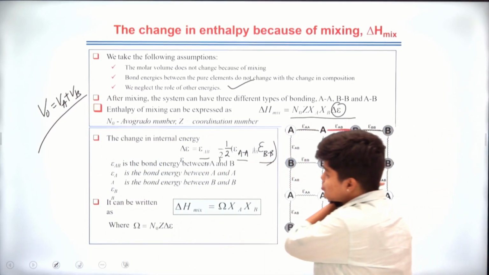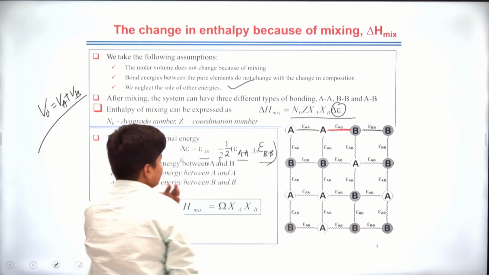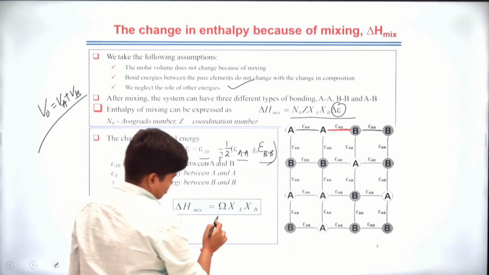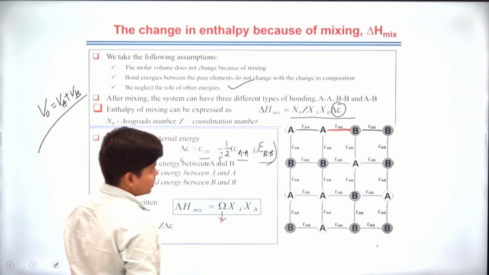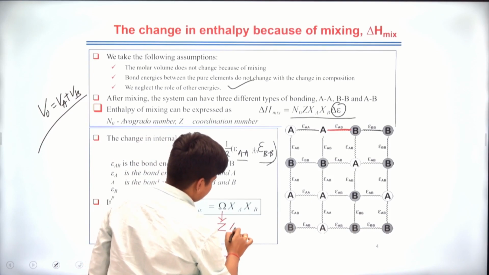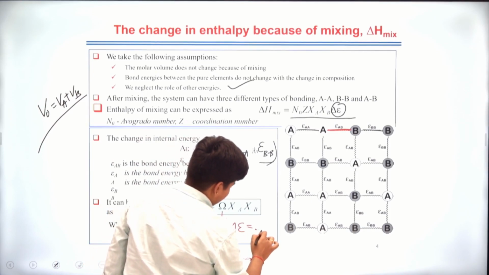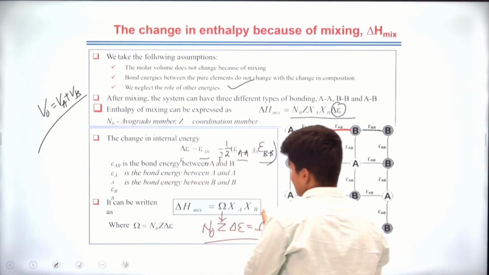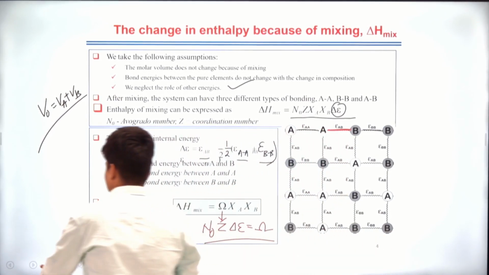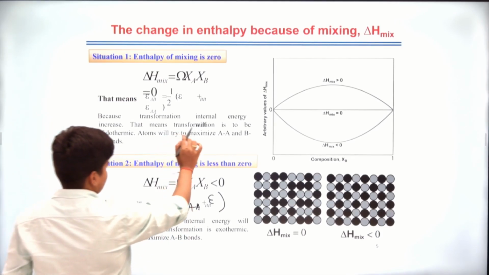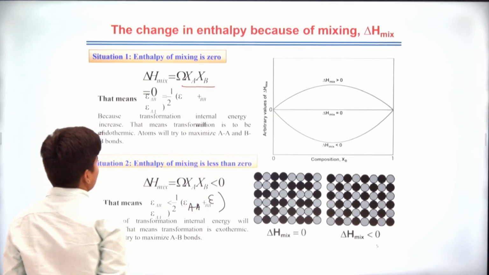So we can write the ΔH mix. N0, Z and ΔE, we take this whole as a constant, omega, then multiplied by XA into XB. So now ΔH mix will be omega, some constant, times XA into XB.